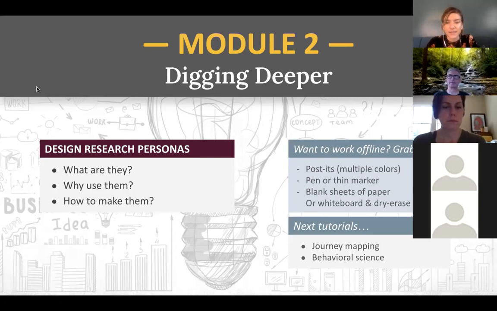And just a heads up that next week we'll be doing journey mapping. I love journey maps. I think they're so incredibly useful. I use them for work all the time, and they're often what we get the feedback for as most useful for others who go through this program. So I encourage you to be there if you can. It'll also be recorded.